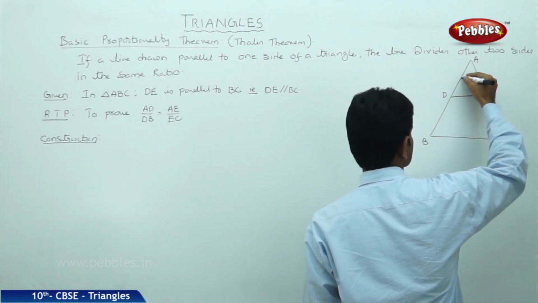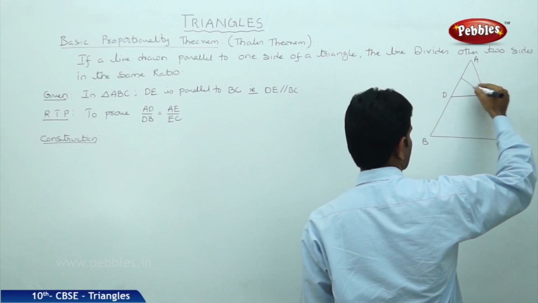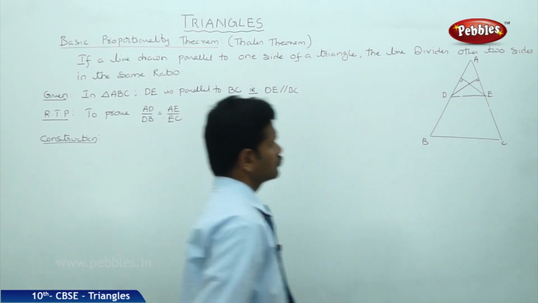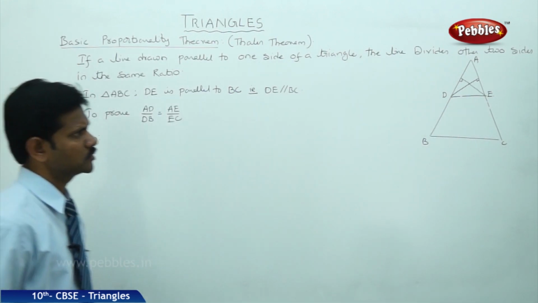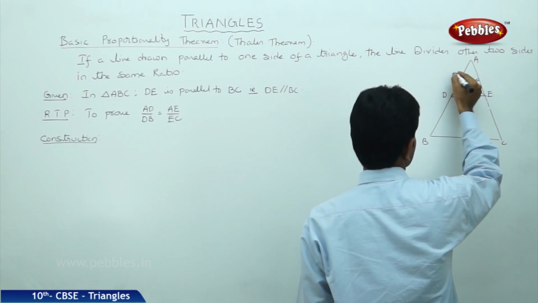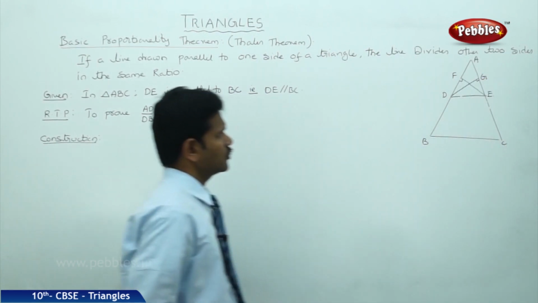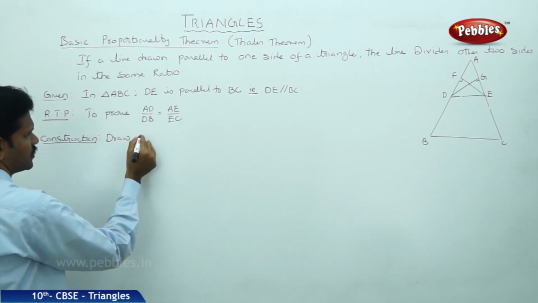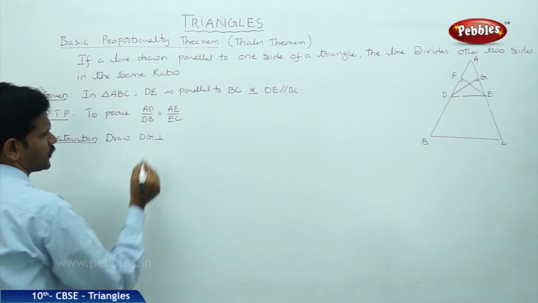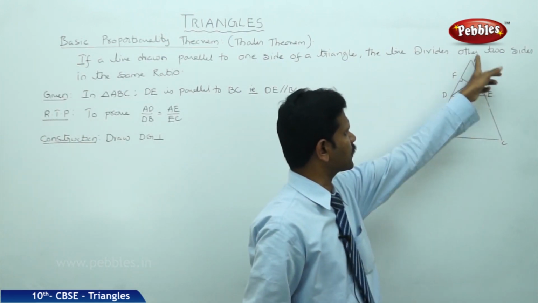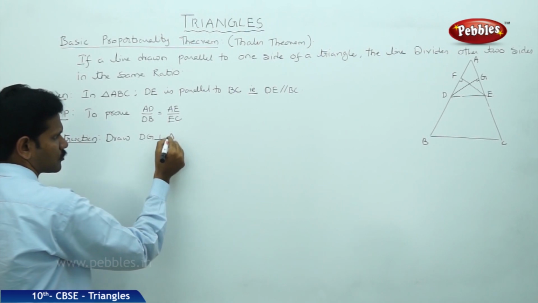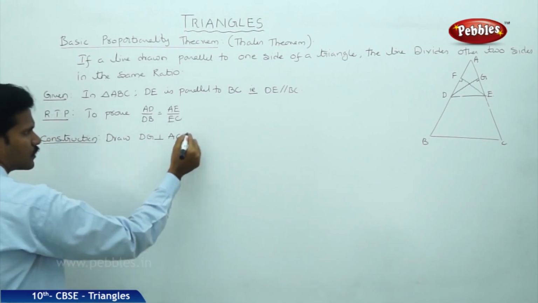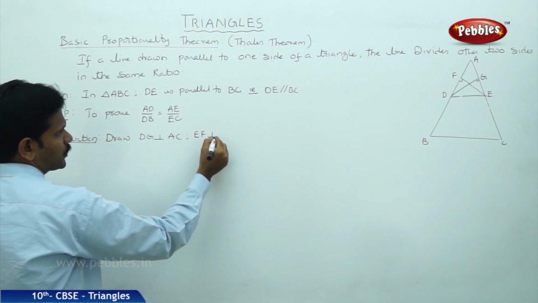Draw DG perpendicular to AC and EF perpendicular to AB.